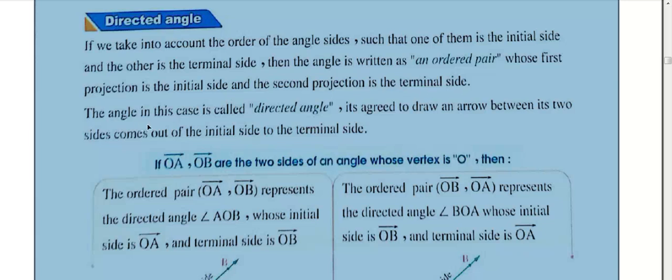The angle in this case is called a directed angle. It's agreed to draw an arrow between its two sides that comes out of the initial side and goes to the terminal side.